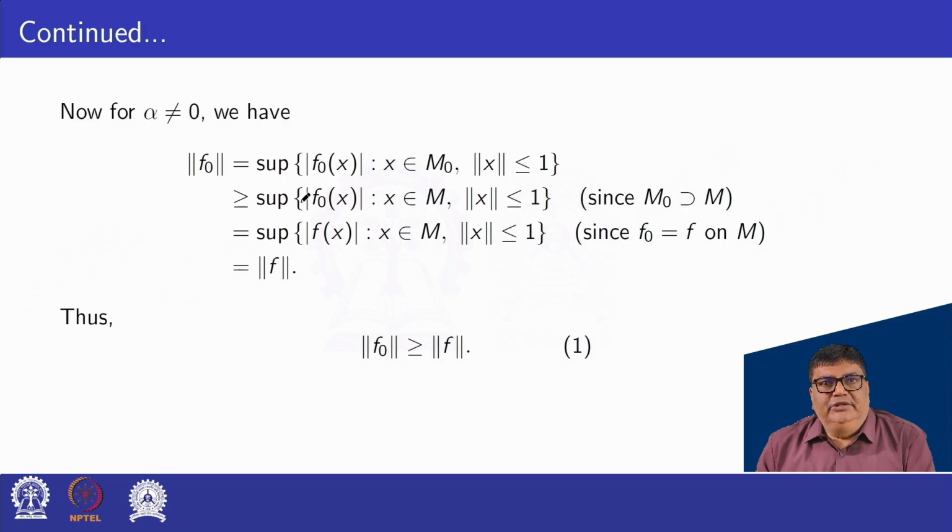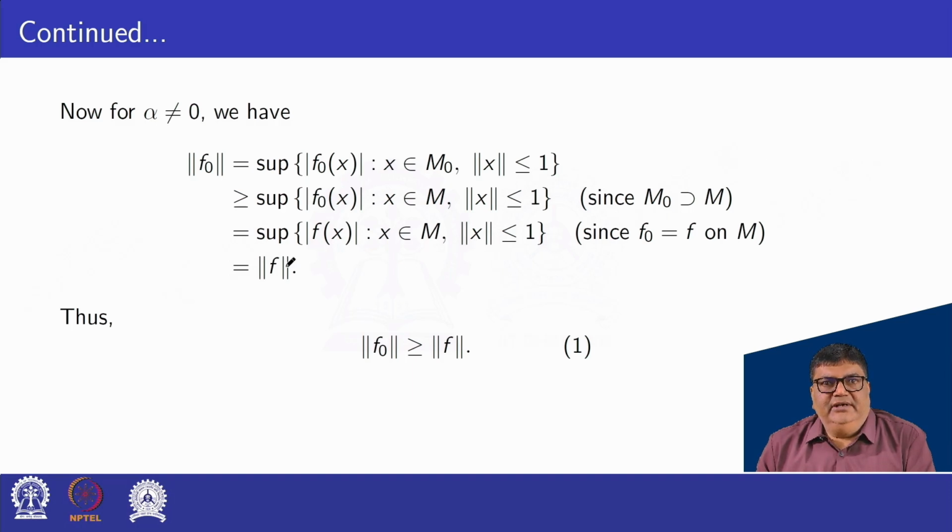Okay, so by definition, if x belonging to M, then f0(x) is f(x), because f0 is equal to f on M. So you can write this as supremum of f(x) such that x belonging to M, norm x less or equal to 1.